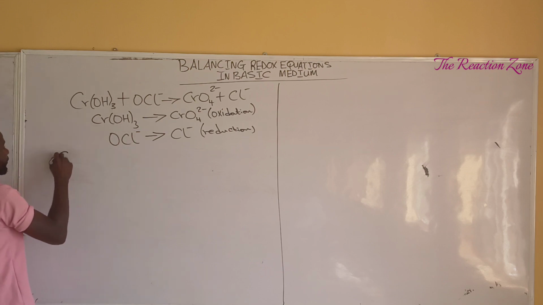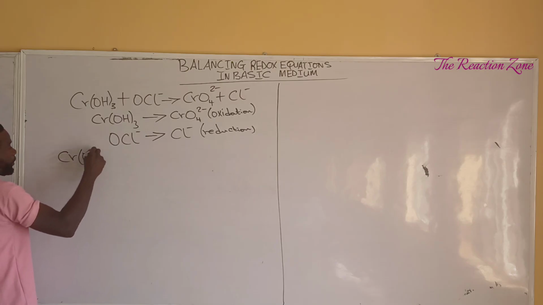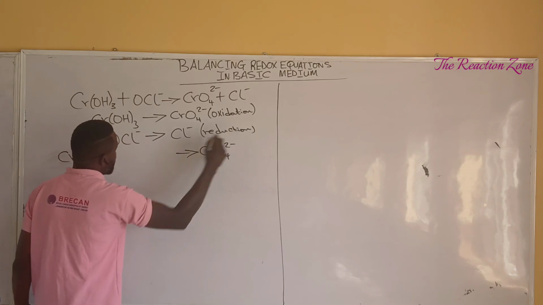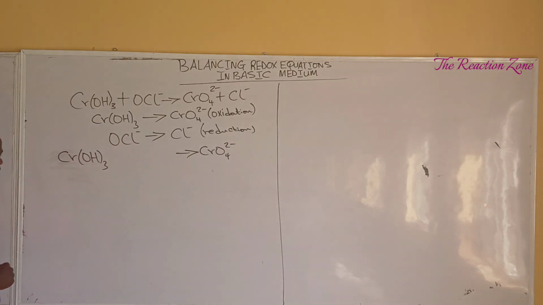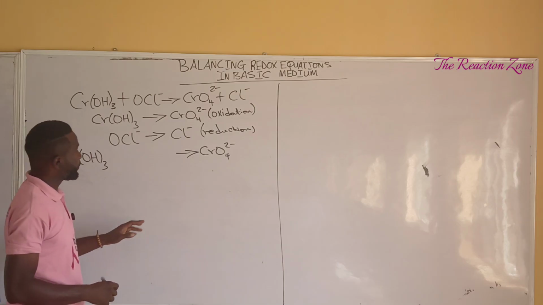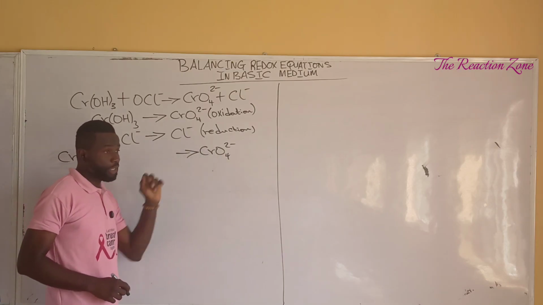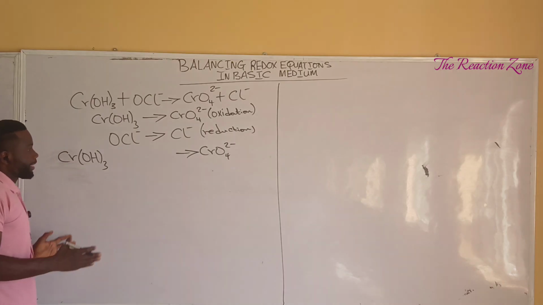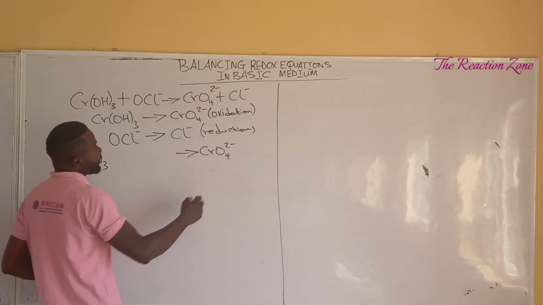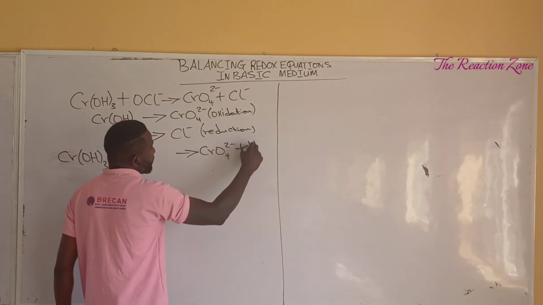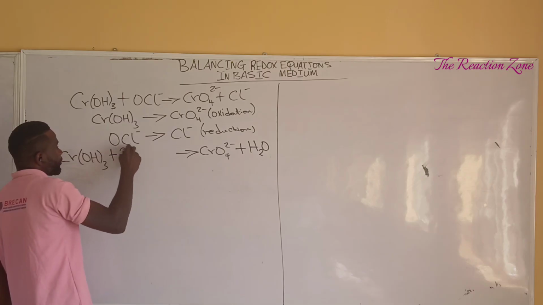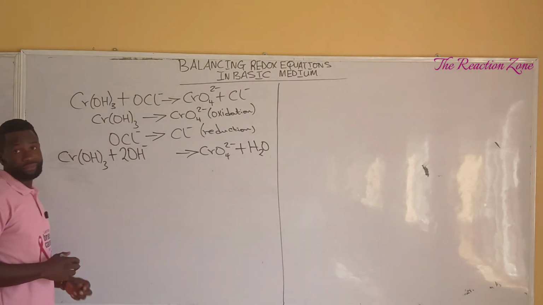Starting with the first, we have CrOH3 to give us CrO4 2 minus. There are 3 oxygen atoms here and there are 4 oxygen atoms here. That means there's an excess of 1 oxygen atom on this side. So what that means is that we're going to add 1 molecule of water to this side and then add 2 hydroxide ions to this side.